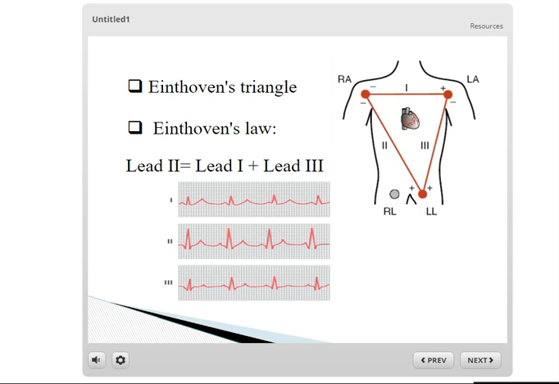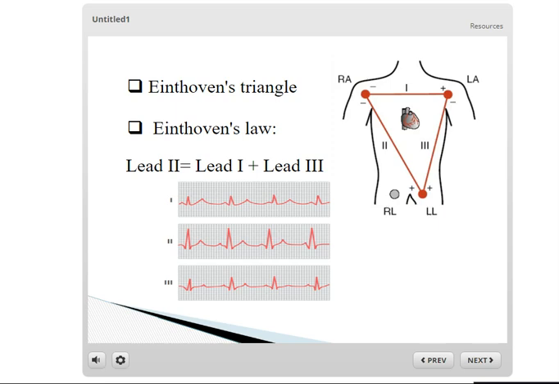If the right arm electrode is reversed with the leg electrode, lead 2 changes polarity, causing lead 1 to become lead 3, and vice versa. A reversal of the left arm and leg causes a change in polarity of lead 3 and switching of lead 1 and 2.